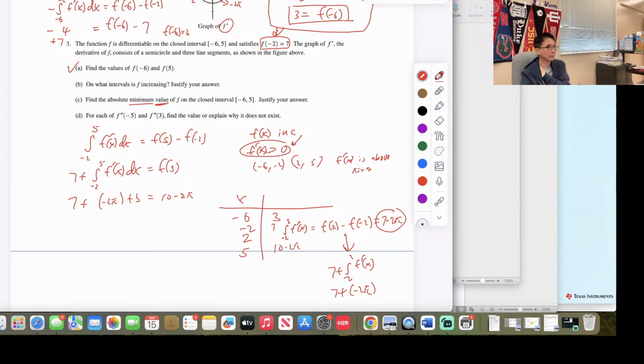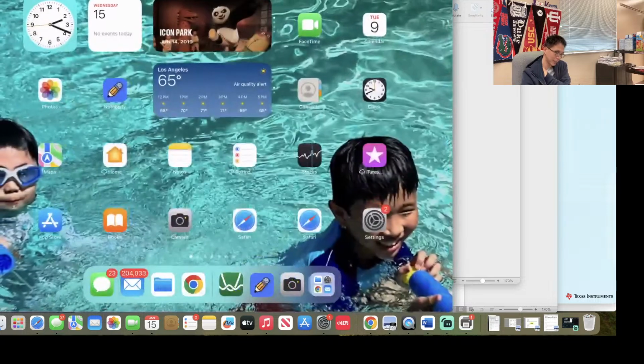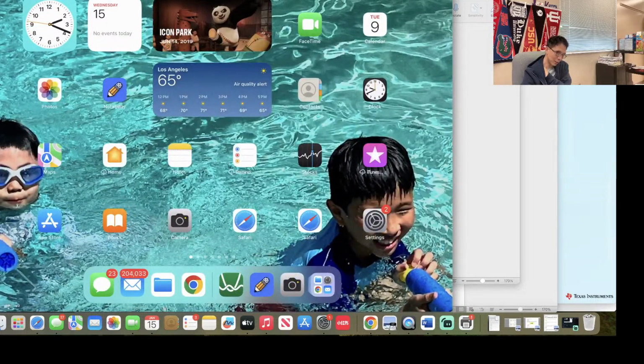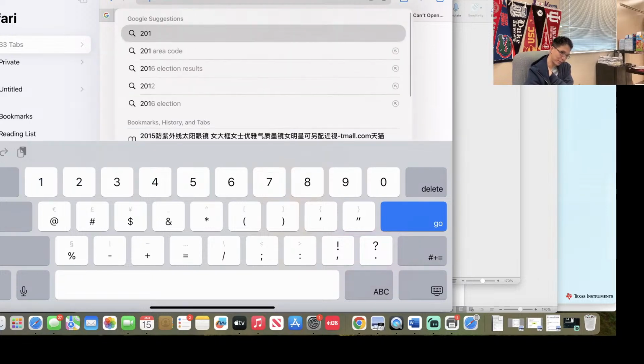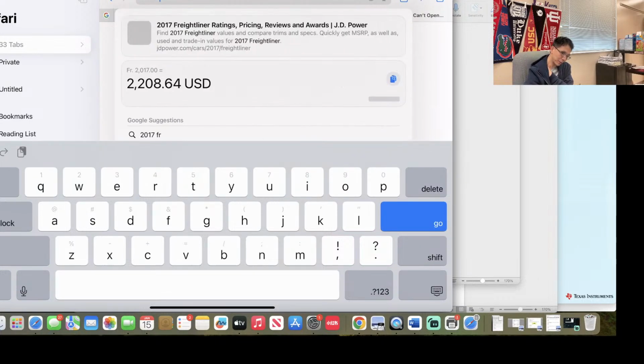Yes, Catherine. Do you have to write all that information in that table, or can we just do it on the side? You can do it on the side, but I would write down 7 minus 2 pi. I believe the scoring guideline, I don't remember what year this is, but it's probably the 2017 FRQ. Let me see if I'm right.